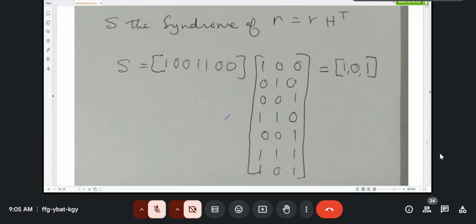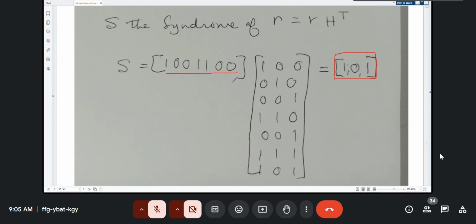Now, if you have this syndrome, for example, this is what you have received. If you look at this, because this is a syndrome, it tells you this is not a valid code word.